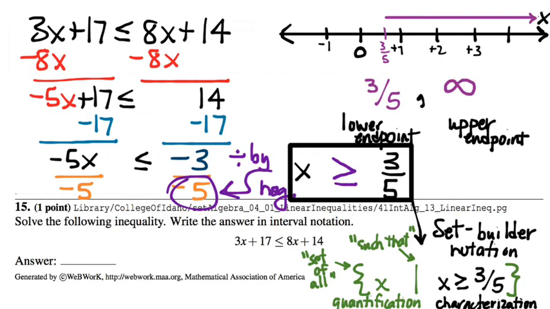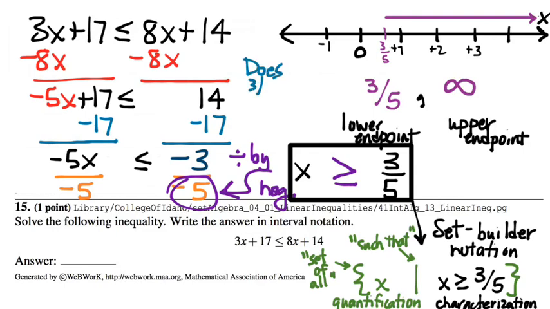But now here is where people feel like they go off the rails, because they have trouble distinguishing which notation to use to complete this interval. The one thing that this picture doesn't answer for us yet is, what about the number 3/5 itself? Does 3/5 belong to our solution set or not? Yes, it does. How do we know that?